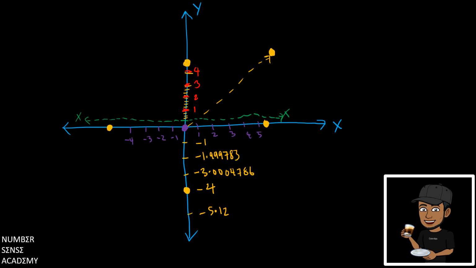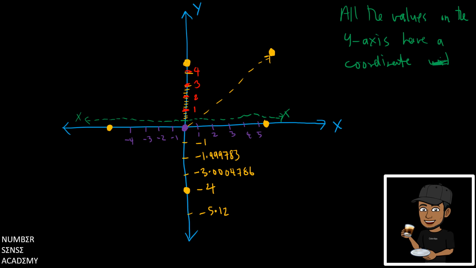This means that all the points on the y-axis have a coordinate that looks like x, y, but the x value is going to be 0 and some value of y.